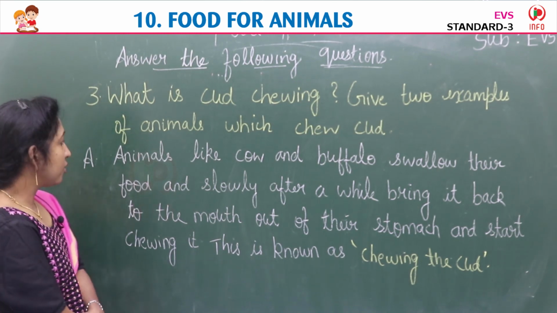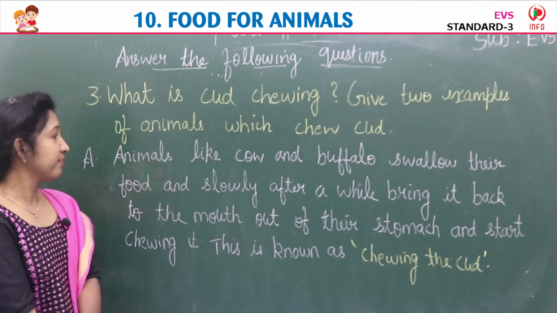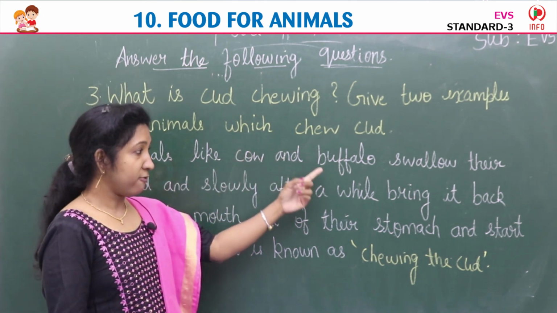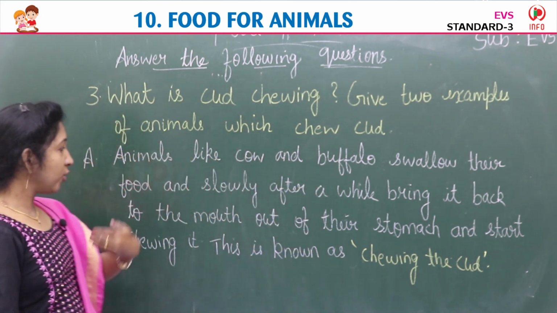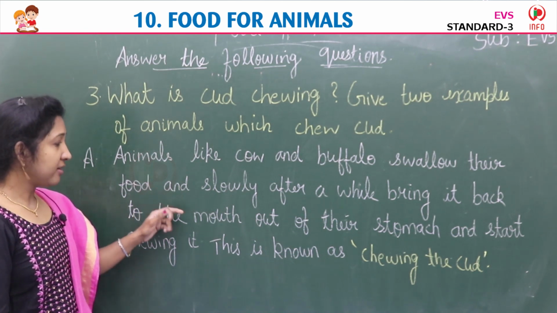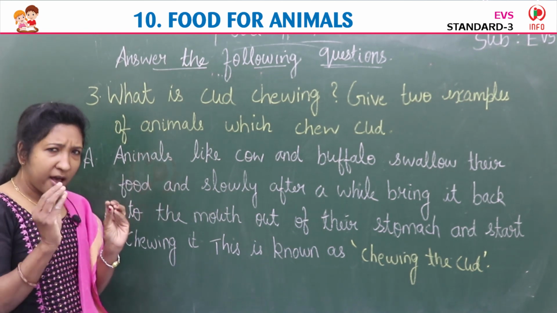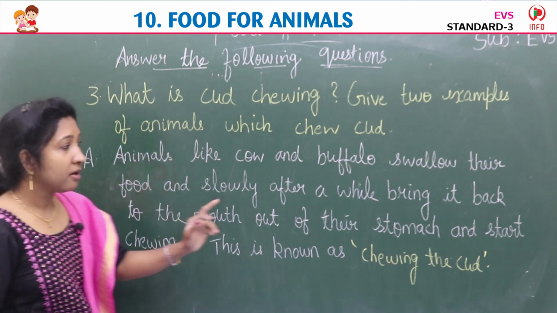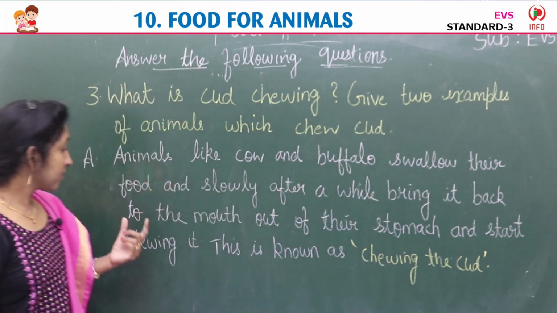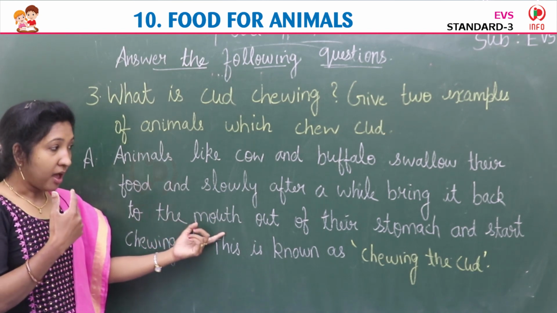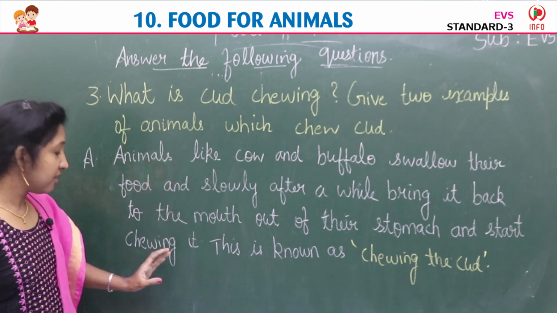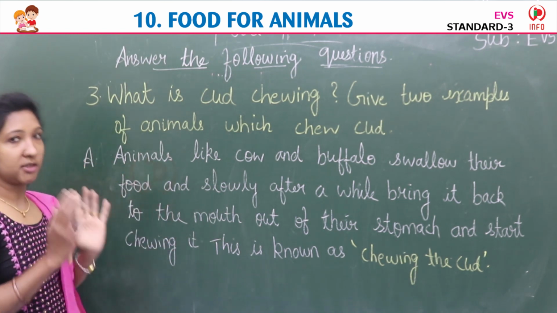So coming to the answer, animals like cow and buffalo swallow their food and slowly, after a while, means after a few seconds, bring it back to the mouth out of the stomach and start chewing it.